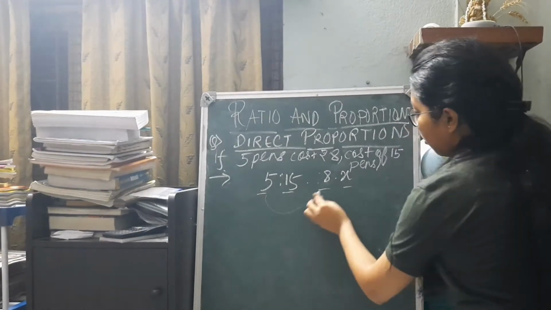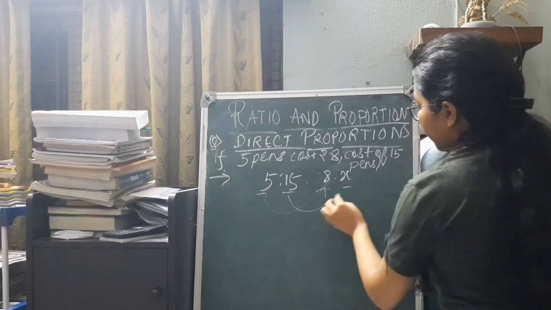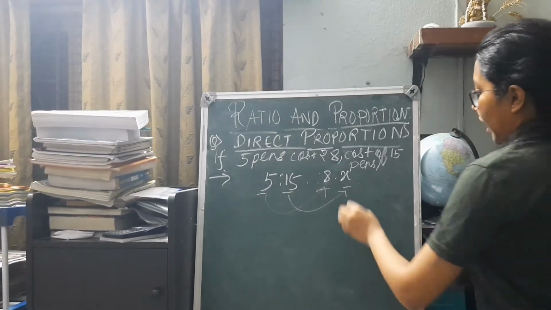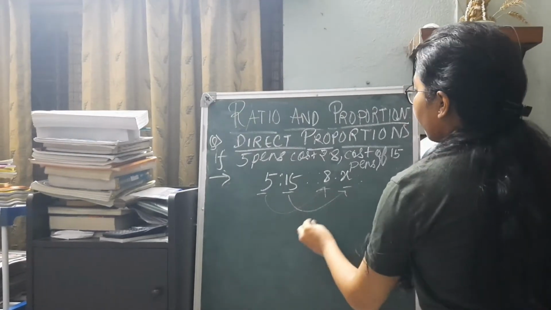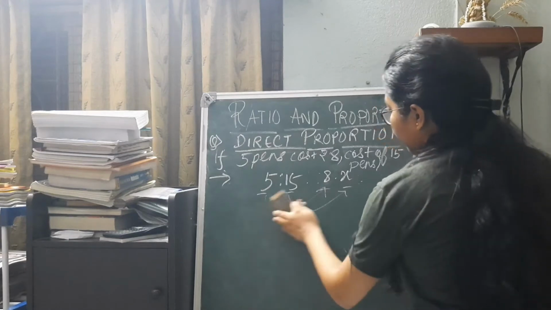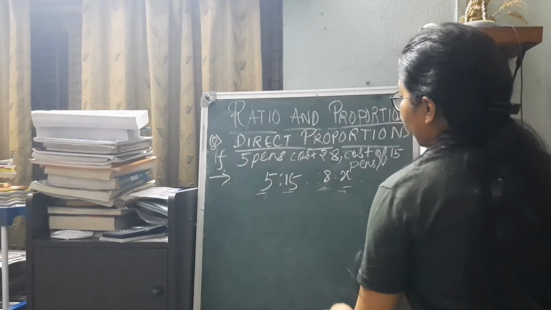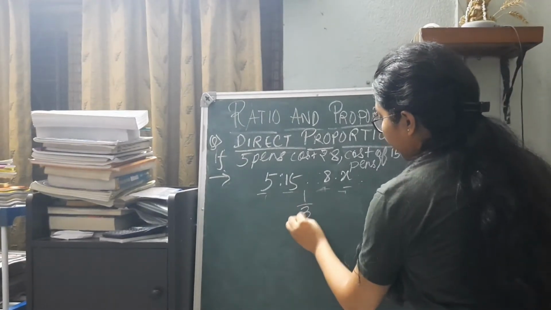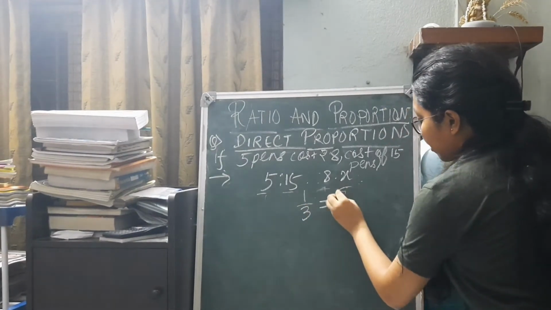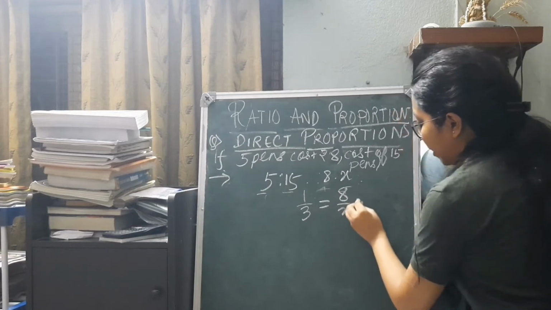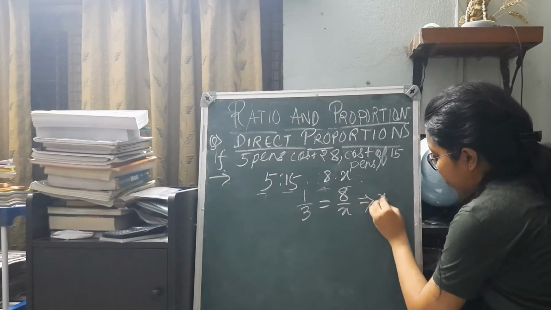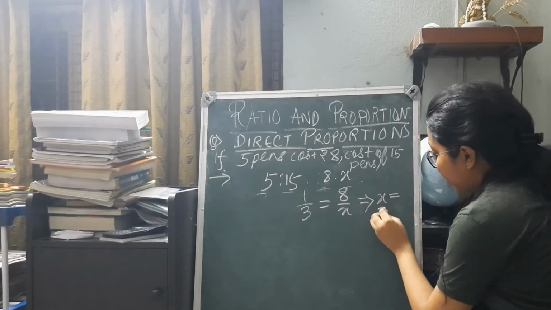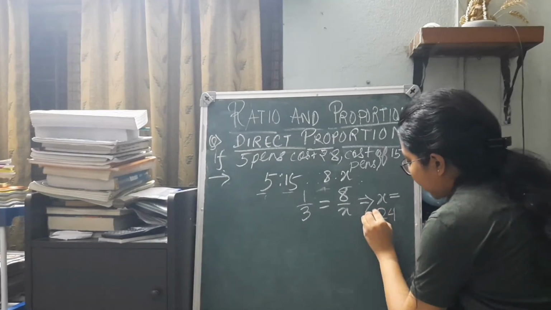That is, 5 pens cost 8 and 15 pens cost this x amount. If we go for the calculation, 5 by 15 is 1 by 3. Simplifying, we get that the cost of 15 pens should be rupees 24.